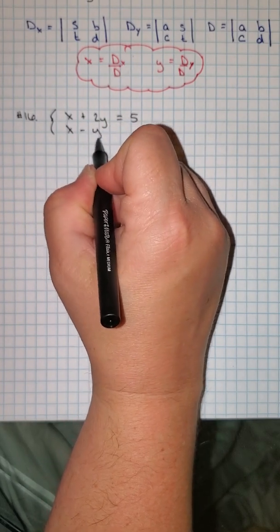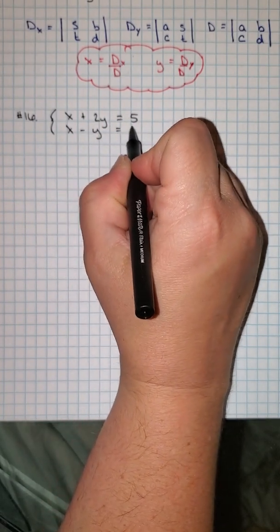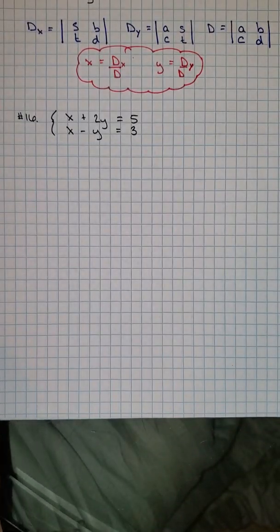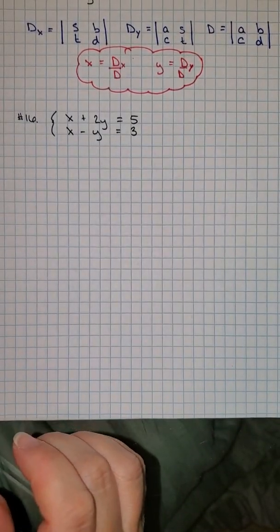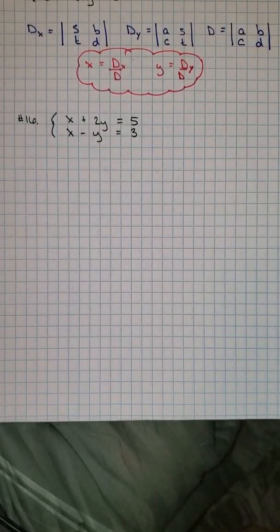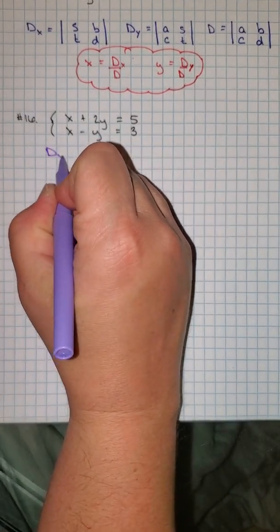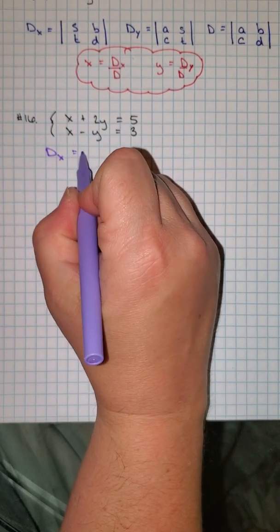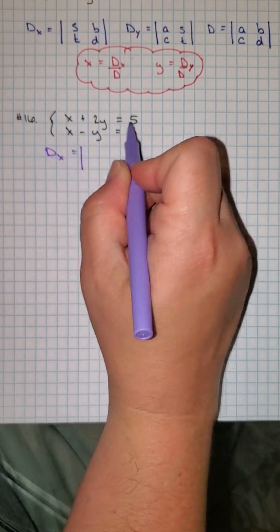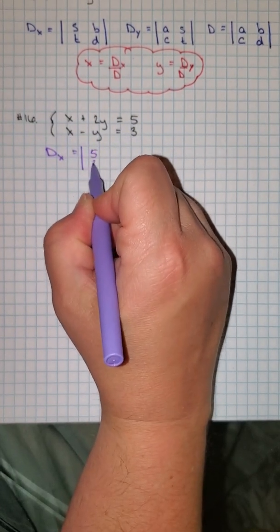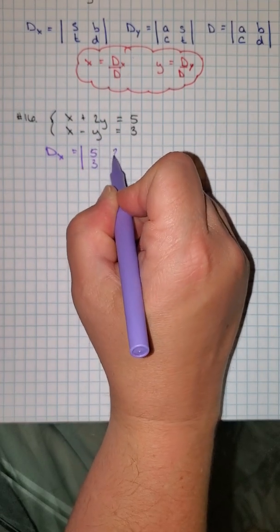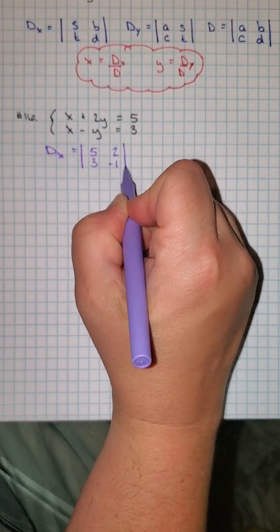And x minus y equals 3. All right, so our d sub x determinant will be, we don't write the x coefficients, we write 5 and 3. And then for y, we do 2 and negative 1.